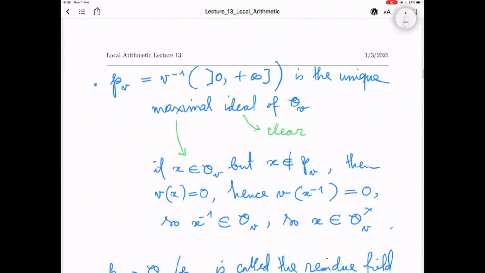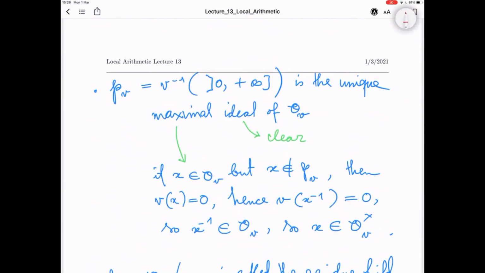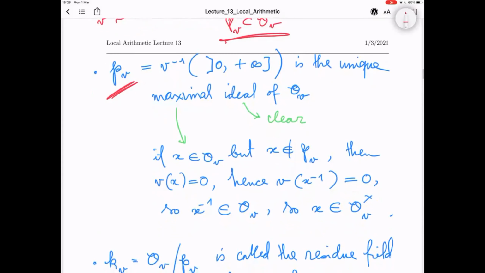Now, to V we have attached O V, which is a subring of K. And now we are going to say that it has a unique maximal ideal P V. So P V is defined, first just as a set, as the inverse image of the strictly positive reals, so V inverse of 0 to plus infinity, but 0 is excluded.